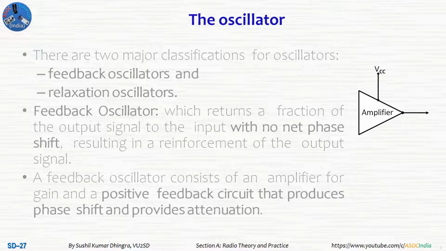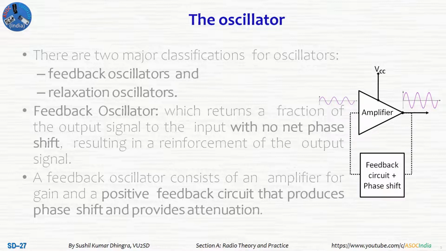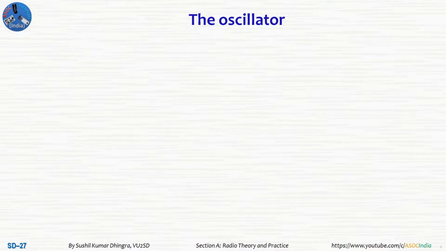So this system requires an amplifier, and the output we take as input through a suitable feedback circuit and phase shift so that it can give a continuous output and maintain a fixed value. Otherwise it will be called damped waves.